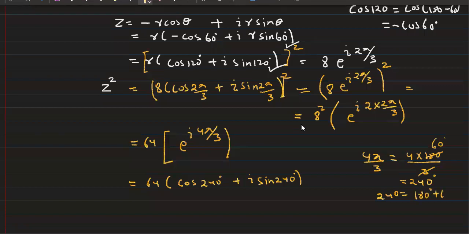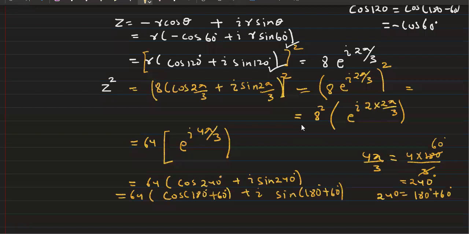So it will be 64 cos 180 degree plus 60 degree plus I sin 180 degree plus 60 degree.